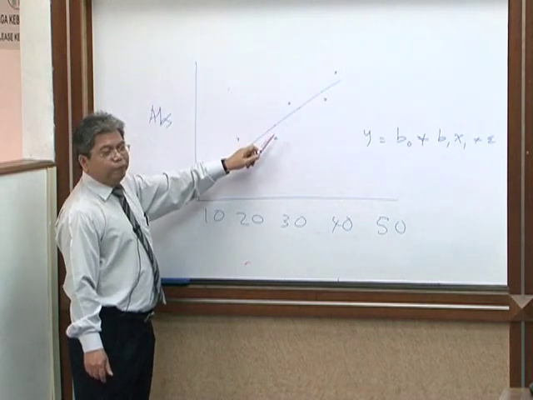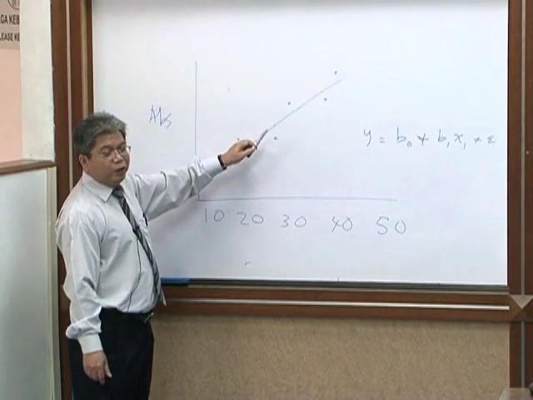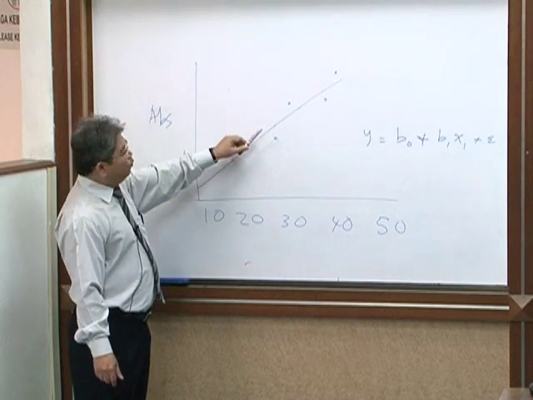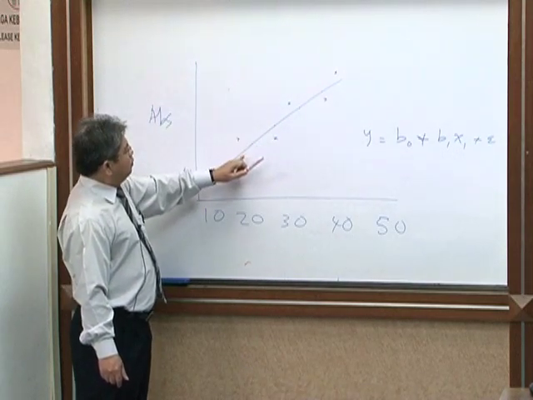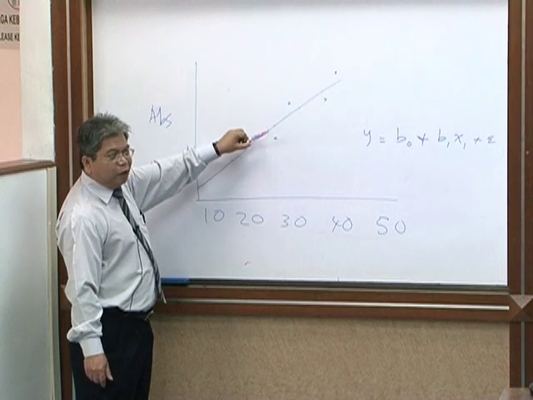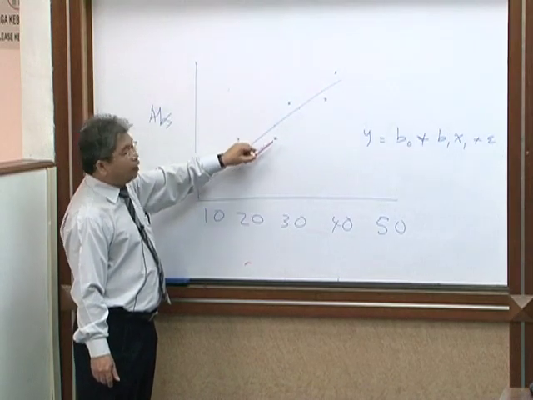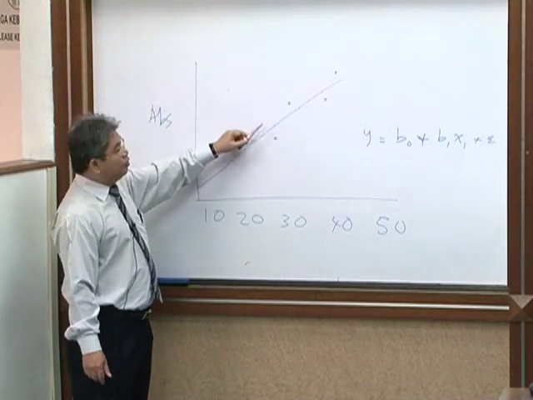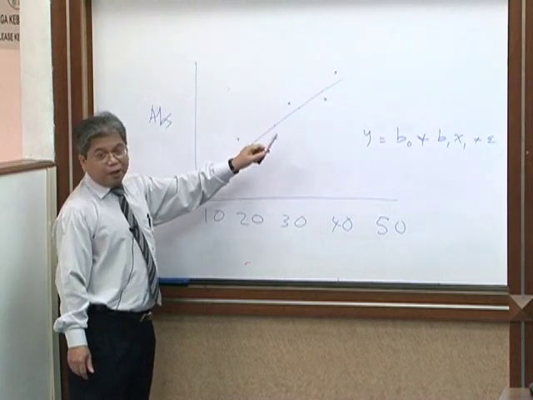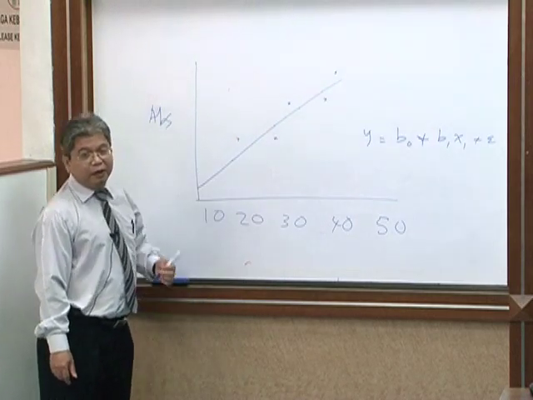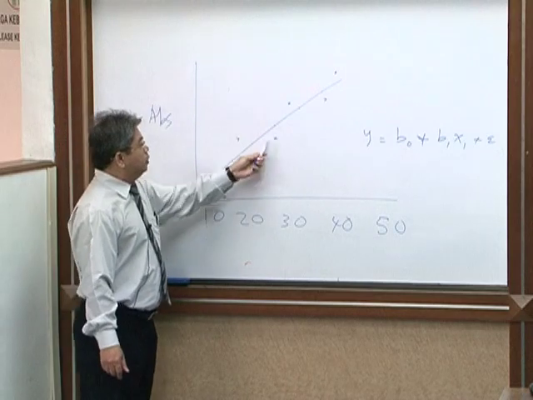So before Excel, once upon a time, we defined the line by adjusting our ruler to satisfy all the points, so that the line will be as close as possible to all the points.